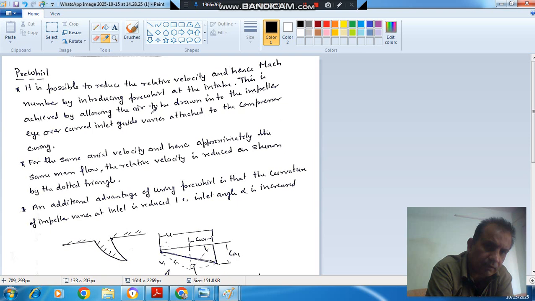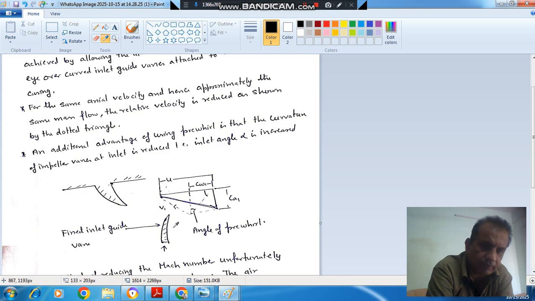This is achieved by allowing the air to be drawn into the inlet over curved inlet guide vanes attached to the compressor. So this is your curved inlet vane attached to the compressor, which provides this CW1 component, or provides this angle to the air.